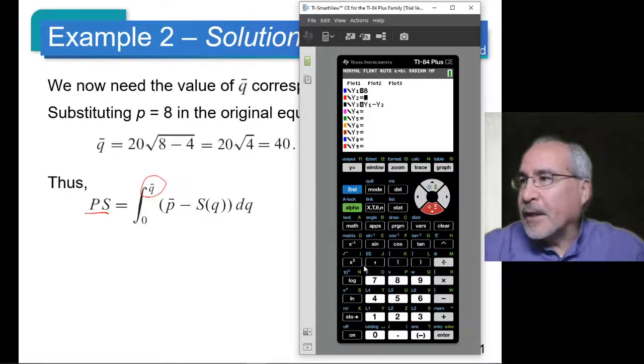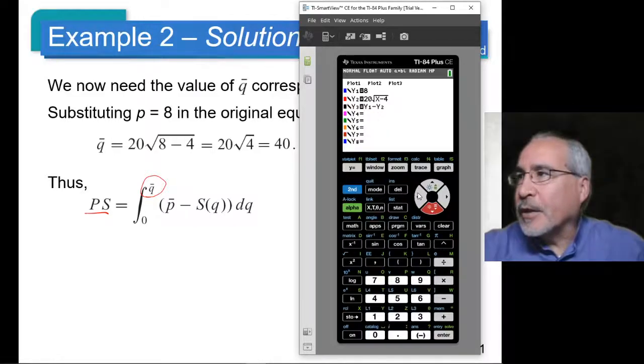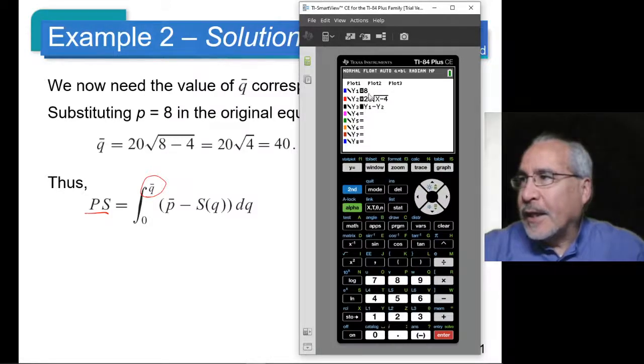That's where that 8 came in. So that's our demand function. And then this is the one we're going to integrate. For right now, I'm going to turn it off because I just want to show you that the function y equals 8 is above this function.